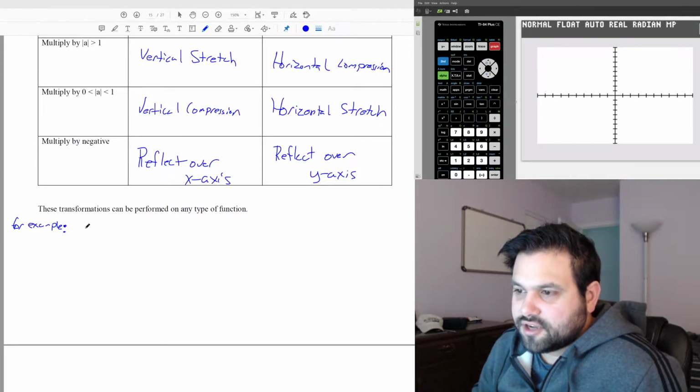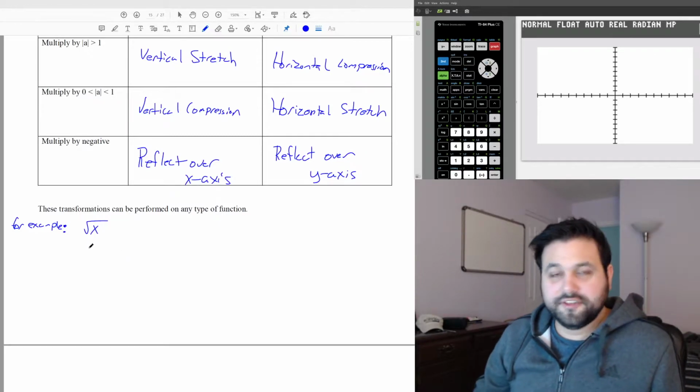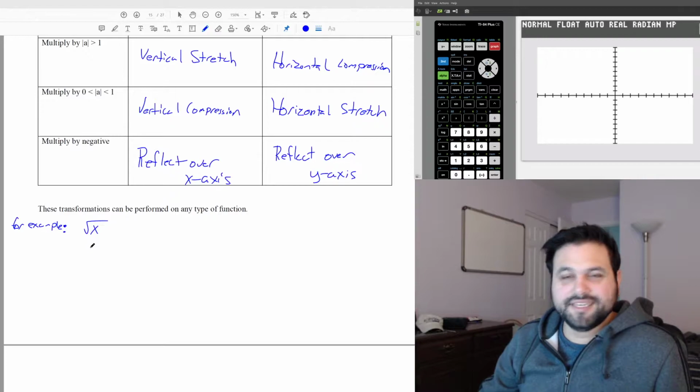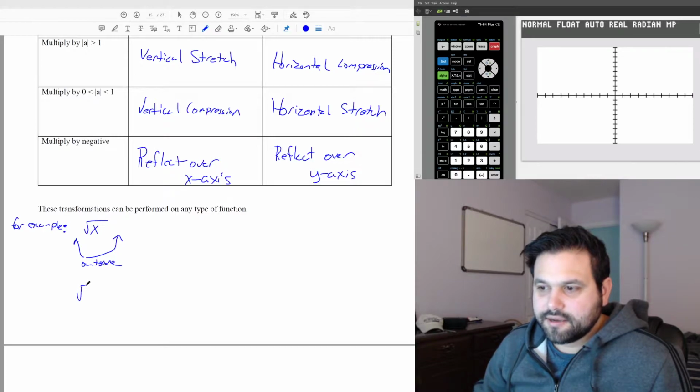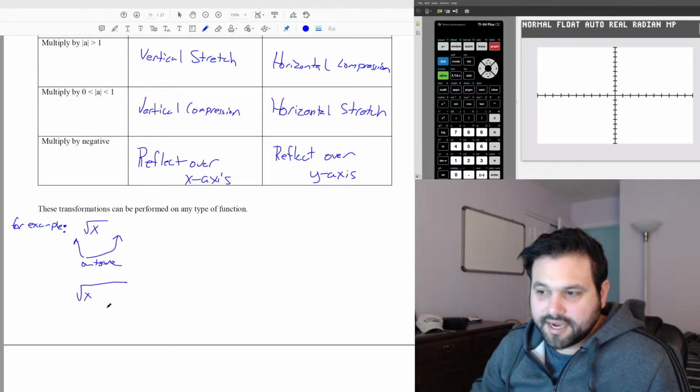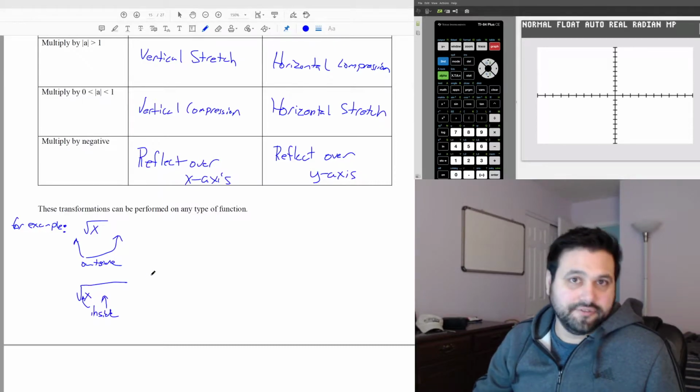If I talk about the square root function, this one's a little bit easier to see because anything here, anything over there, that's all outside. Anything inside the square root, even if it's in front of the x, anything around here, that would be inside the function because it's inside the square root.